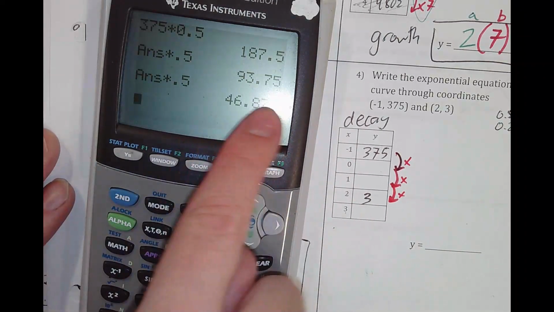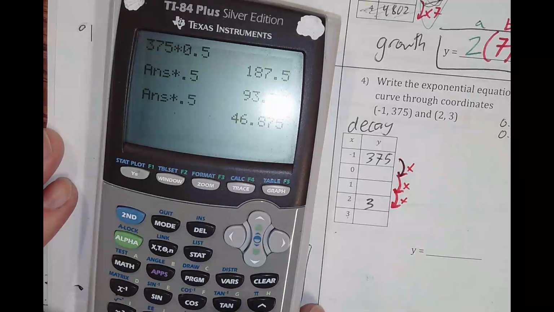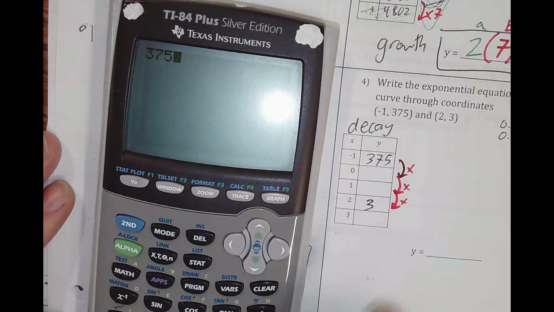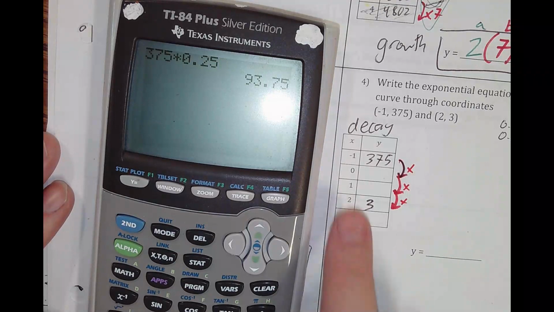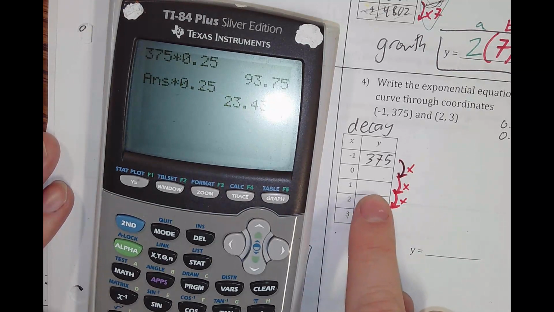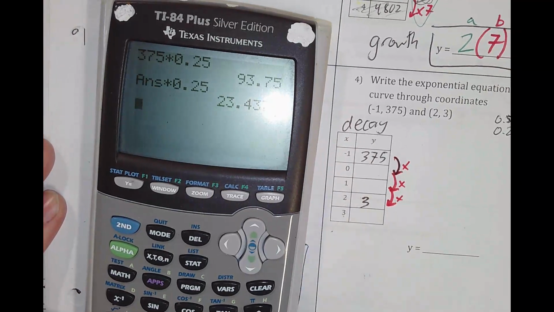Now the number needs to be much smaller. So try multiplying by 0.25. Okay, 93. Multiply by 0.25, 23.4, and multiplying one more time by 0.25 to see if we get there.